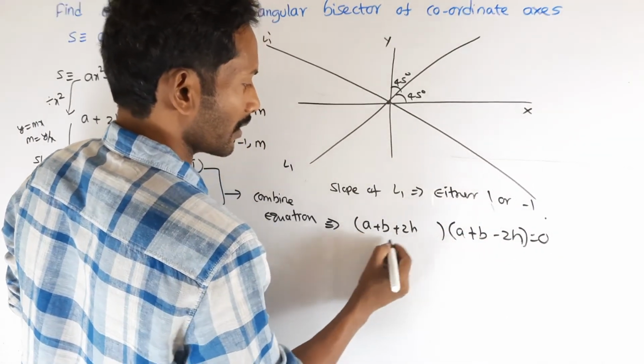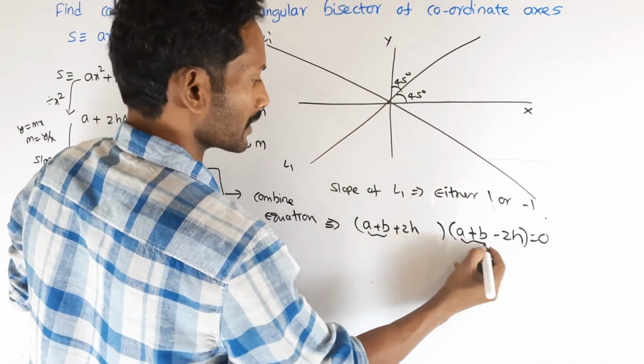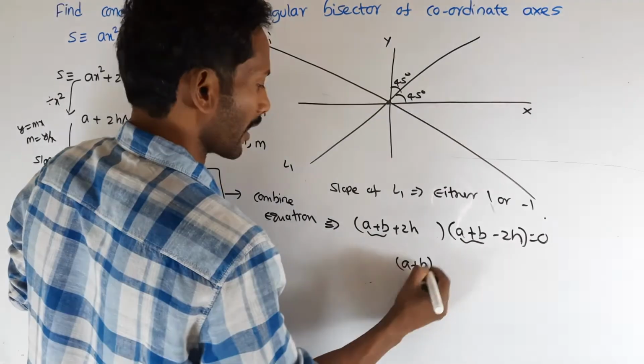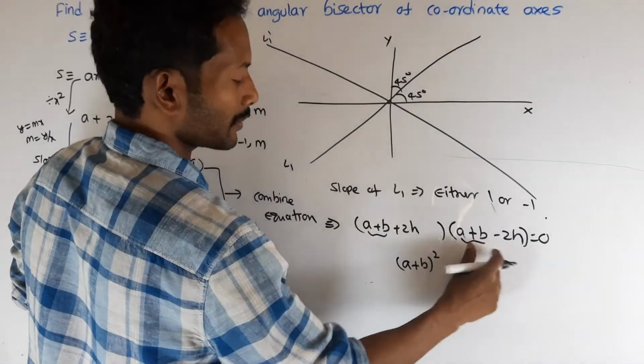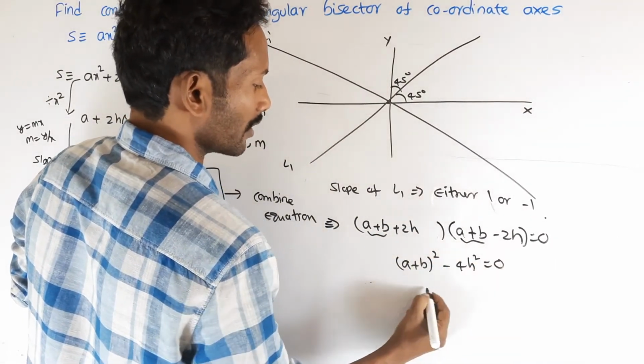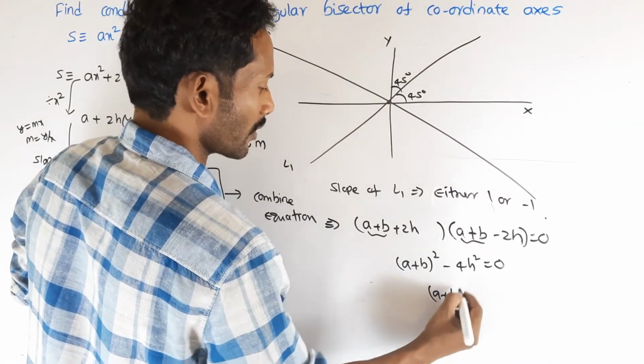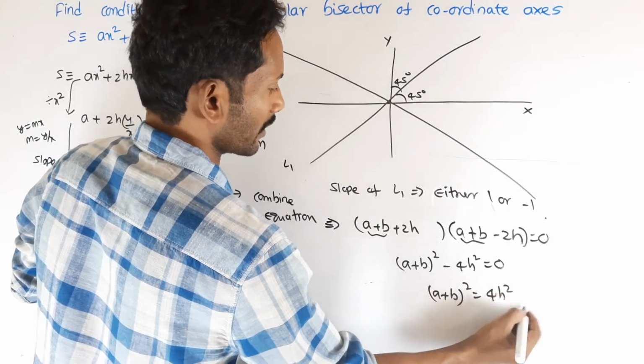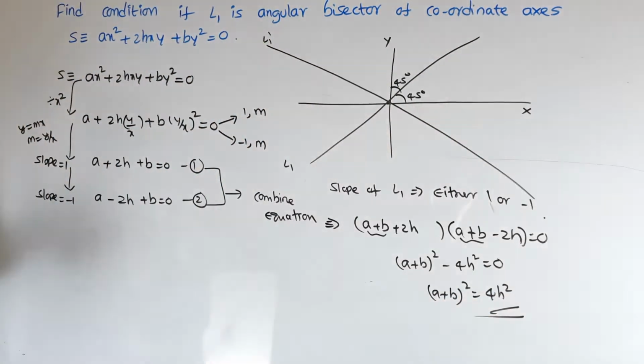We get the condition (a + b)² - 4h² = 0, or (a + b)² = 4h². This is the condition. I hope you are understanding this one.